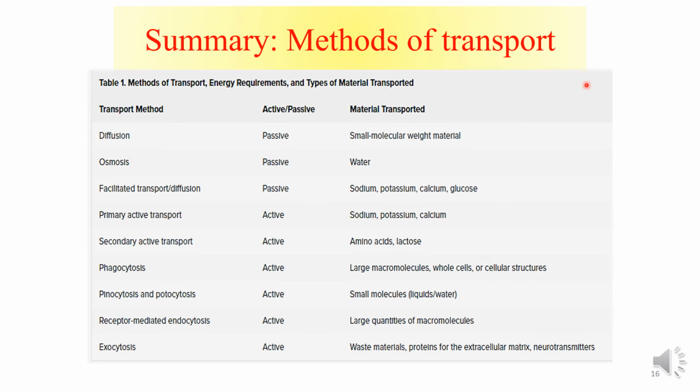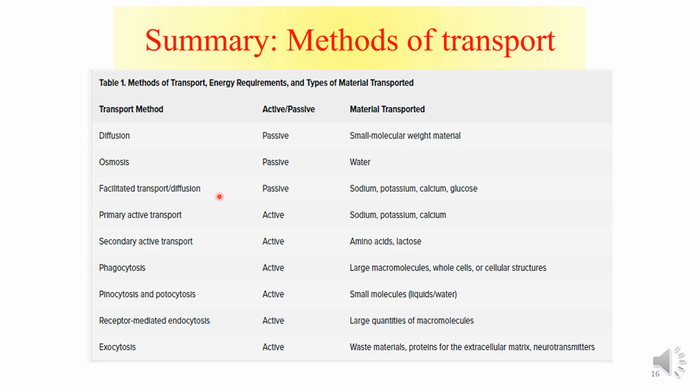Now let us come to the summary of methods of transport. So we'll see the different transport mechanisms, their types and the material transported. We'll start with diffusion, which is passive transport. Small molecular weight material is transported. Osmosis, which is again an example of passive transport, transports water.